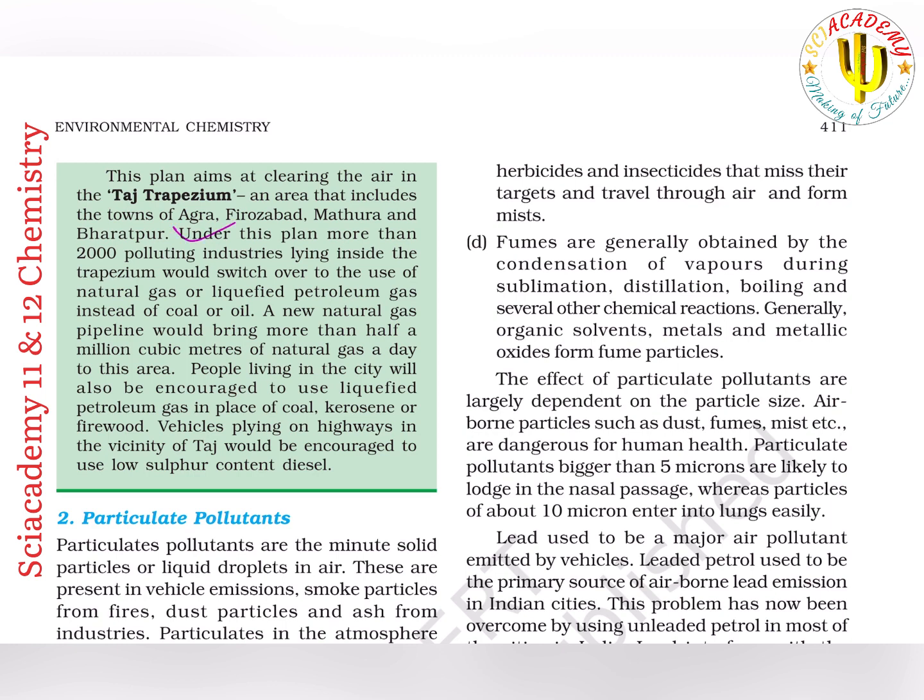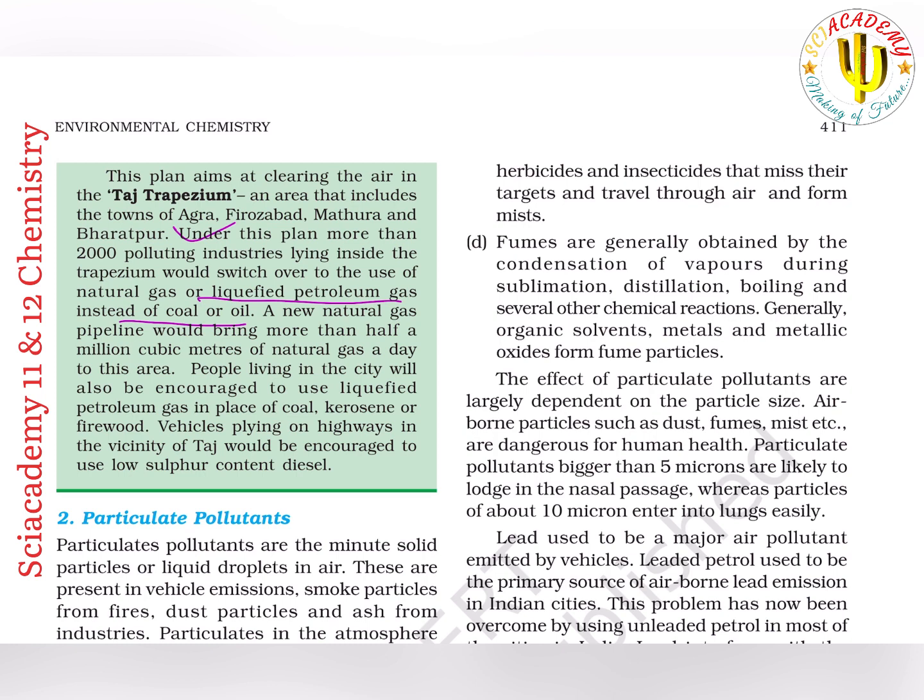Under this plan, more than 22,000 polluting industries lying inside the trapezium would switch over to the use of natural gas or liquefied petroleum gas (LPG) instead of coal or oil. A new natural gas pipeline would bring more than half a million cubic meters of natural gas a day to this area.